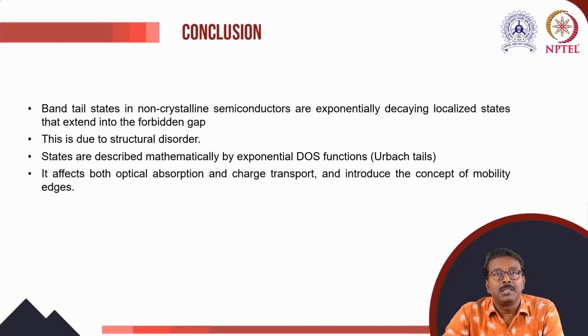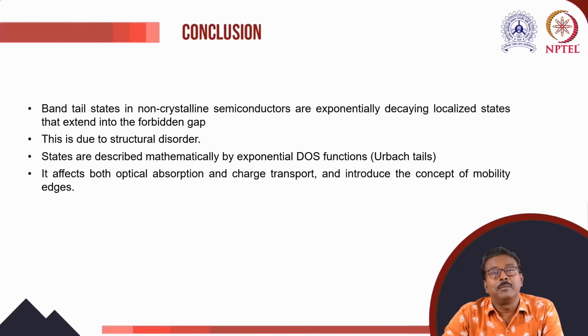So we have discussed band tail states in non-crystalline semiconductors, and these states are exponentially decaying in nature. These states are called localized states, which extend into the forbidden gap, and this is mainly due to structural disorder and also phonon induced disorder.